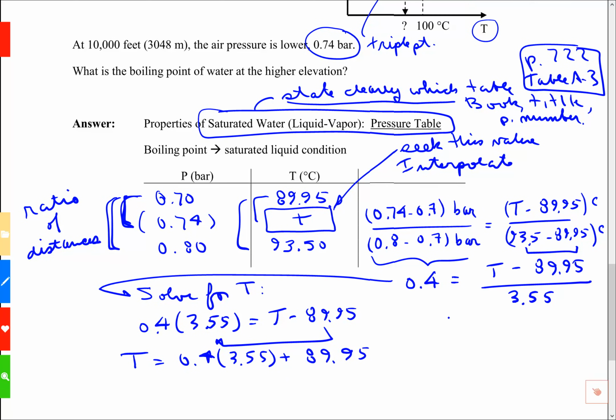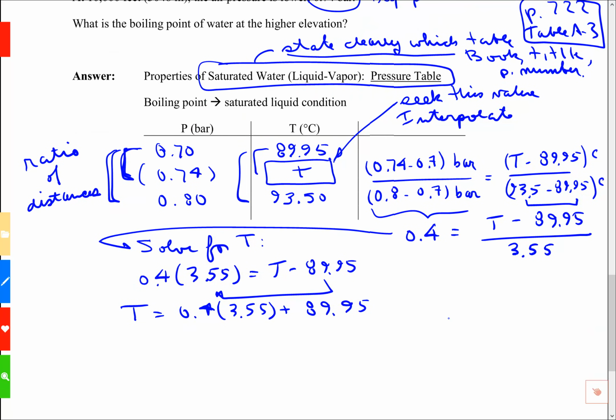Almost done. Then I can simply evaluate that, and I'll get the temperature is 91.37 C. Now a quick check: the value that you get should be in between the values from the table. And 91 is in between 93 and 89, so yes, that checks.